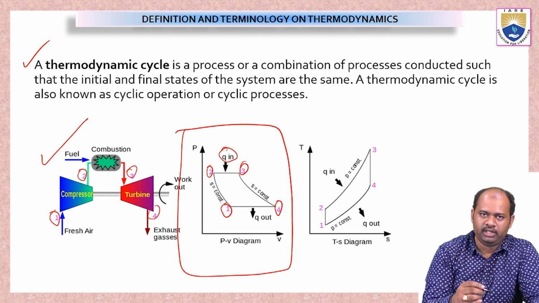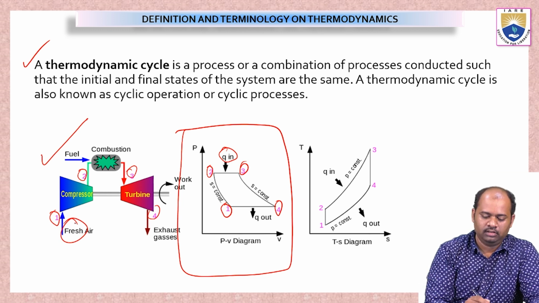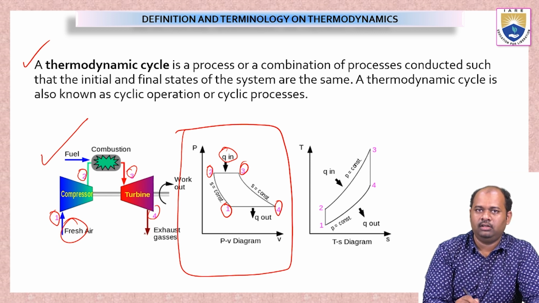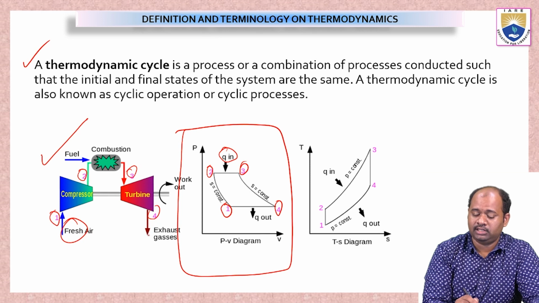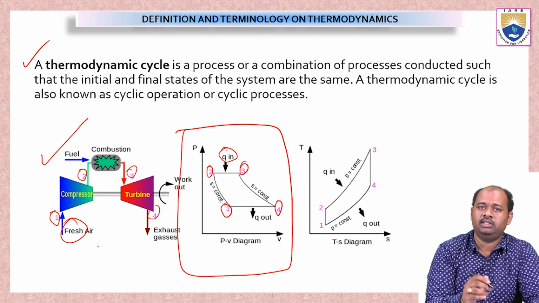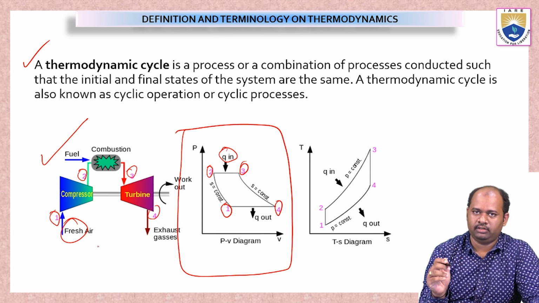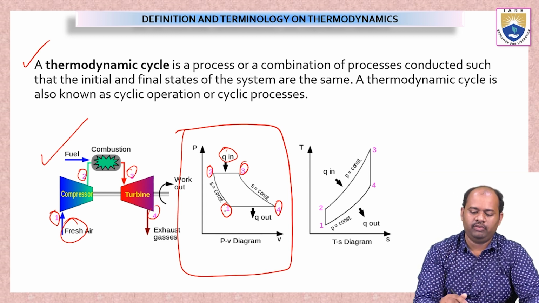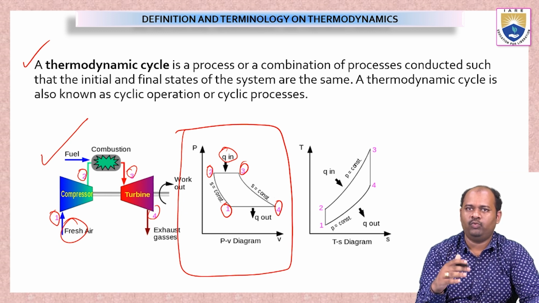Now, when we take the condition of air here, first it is fresh air mixed with some old exhaust gases. It goes to the compressor, after that to the combustion chamber, after that to the turbine, and then it comes out of the turbine as exhaust gases, which are again sent back into the compressor. We can simply understand from this cycle, between points 1, 2, 3, 4, that the air is moving from one state to another.